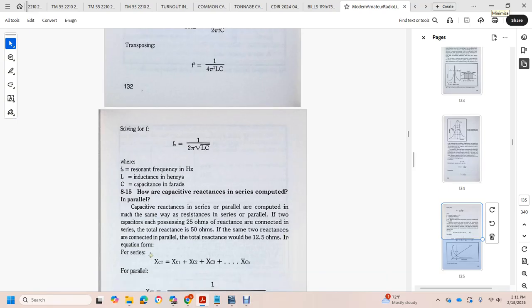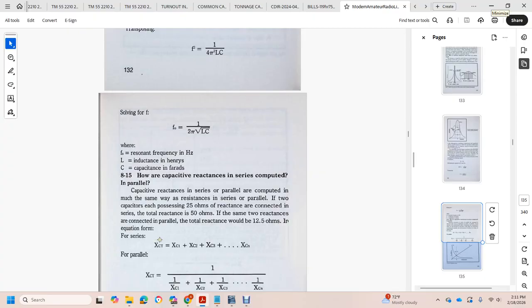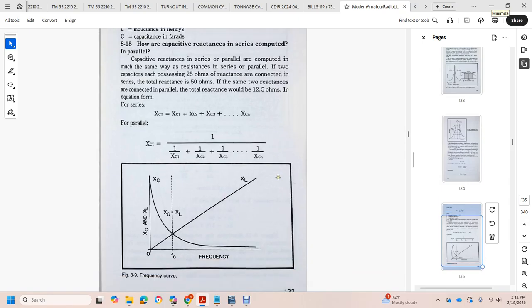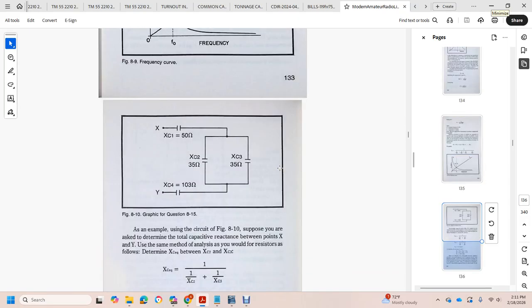In equation form, for series capacitance, total capacitance C total equals 1 over C1 plus 1 over C2 plus 1 over C3, and so on for the number of terms. For parallel capacitance, the total equals C1 plus C2 plus C3, and so on. Figure 8-10 shows the graphic for question 8.15.